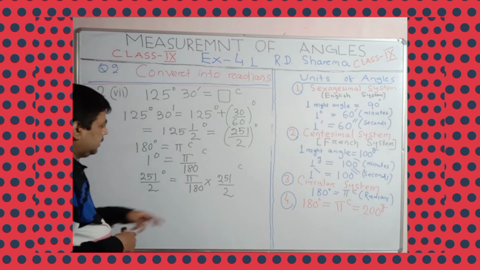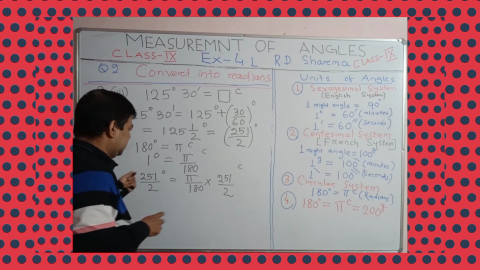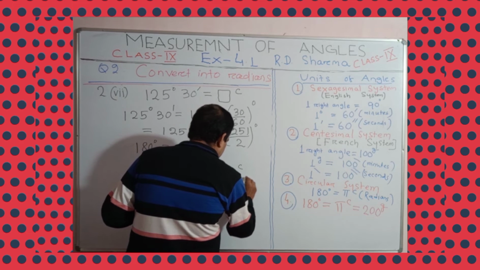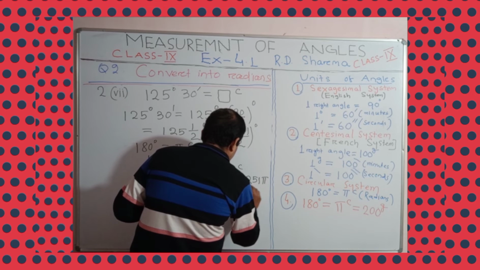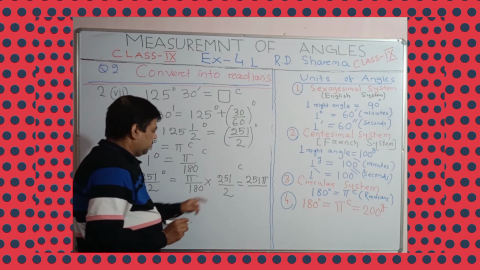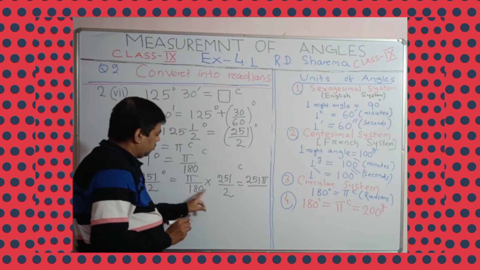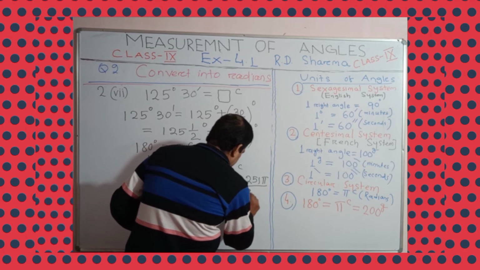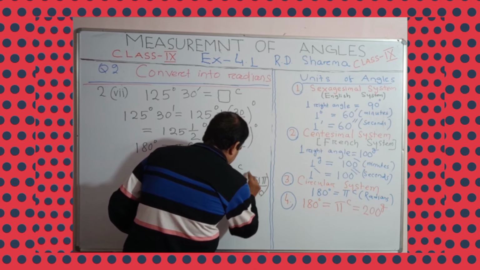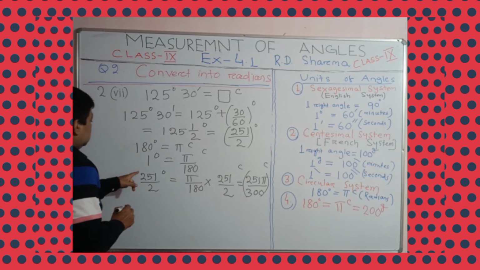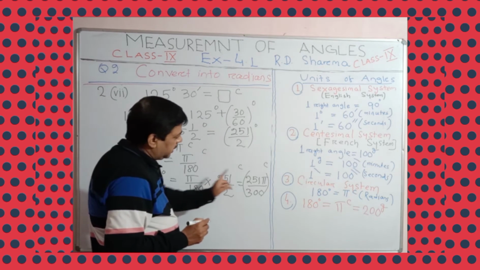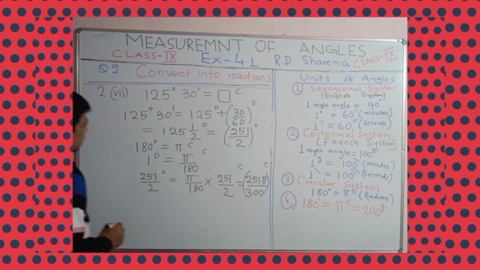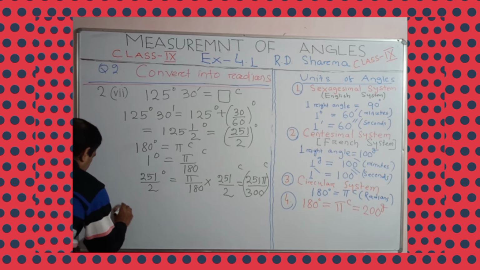So the answer will be like that: 251 into pi, which is 251 pi, by 180 multiplied by 2, which is 360... 180 multiplied by 2 is 360, so 251 pi upon 360 radian. Hence we got 251 upon 2 degree is equal to 251 pi upon 300 radian.